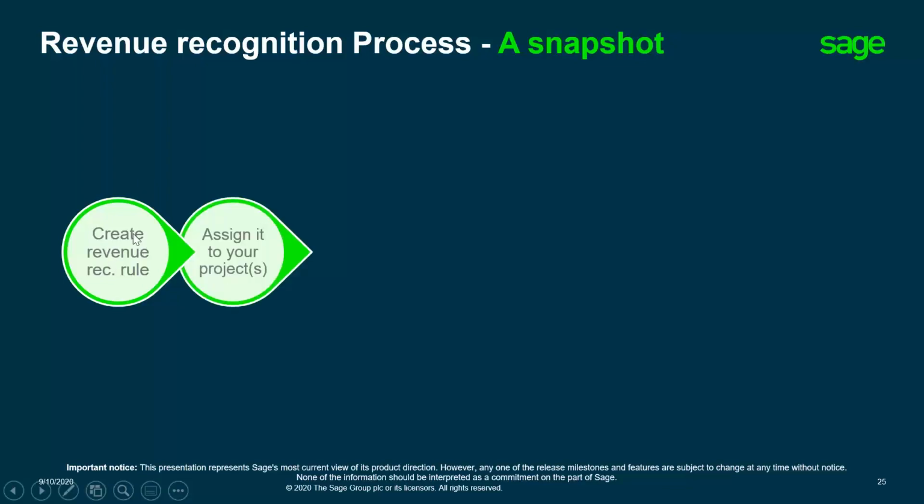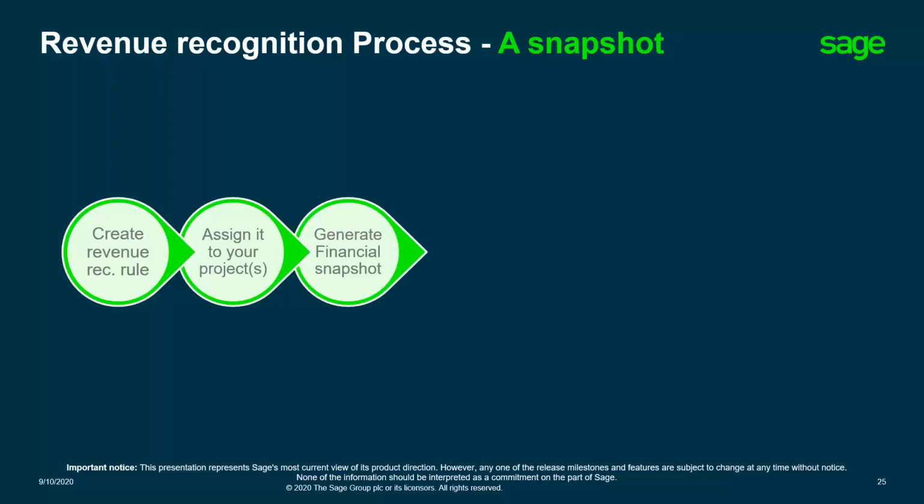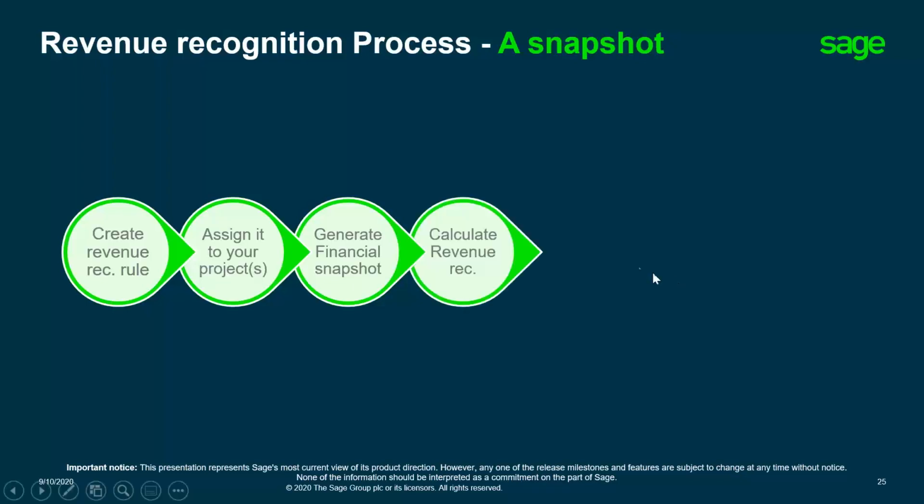Then once I have created my revenue recognition rule, I can assign it to the project where I want to track my revenue. Then, to be able to calculate the revenue recognition, there is a step in X3 which is to generate a financial snapshot. It's a function in X3. Why?